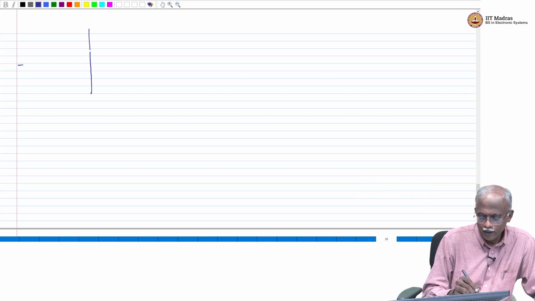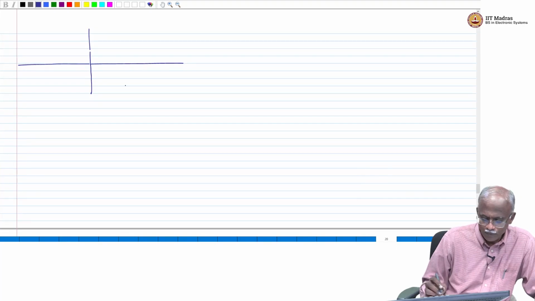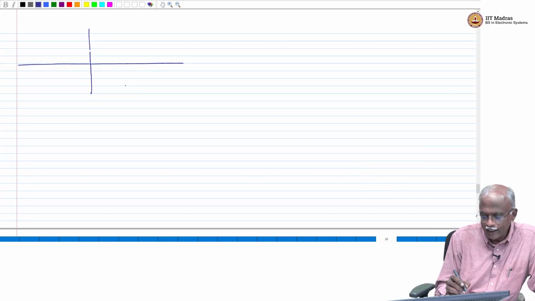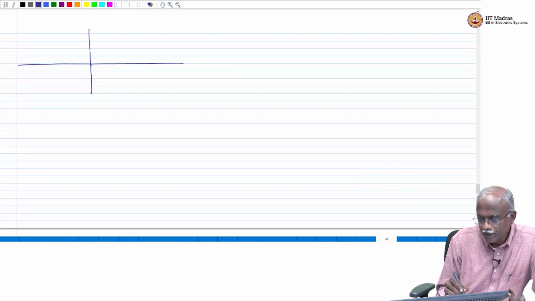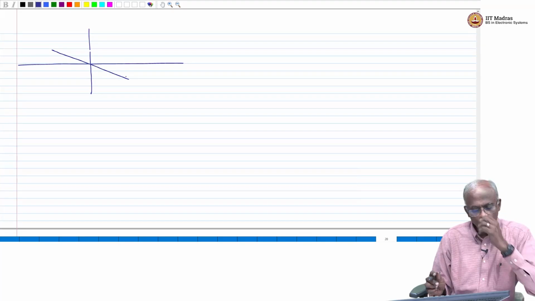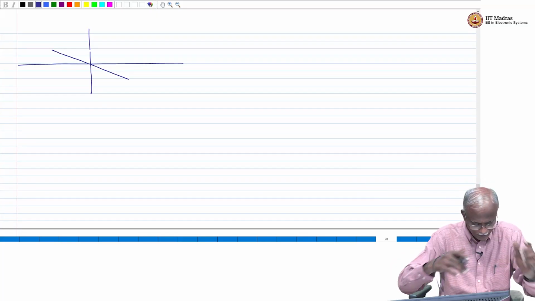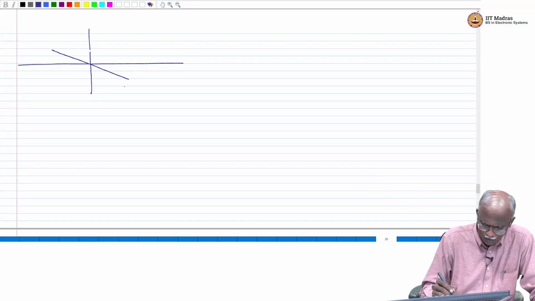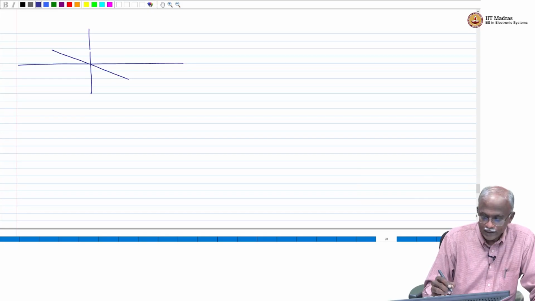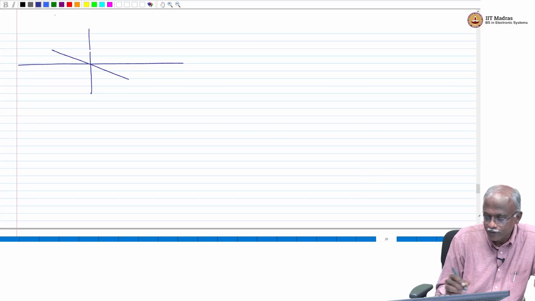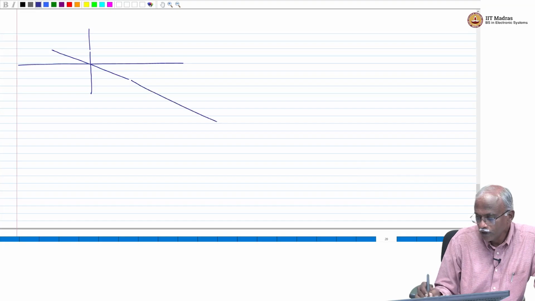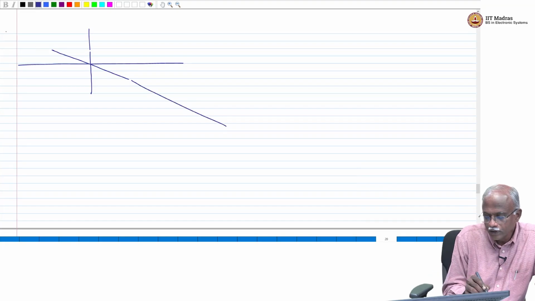Supposing I wanted to plot the true phase. The true phase starts at omega equal to 0 and goes in a linear fashion on both sides, with a slope equal to n_d.